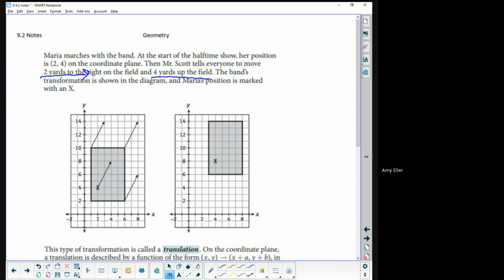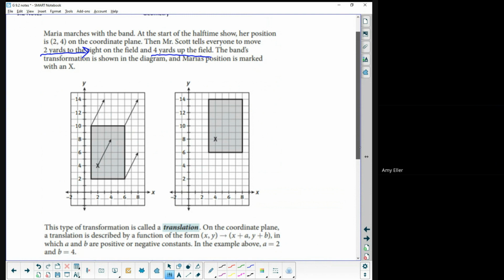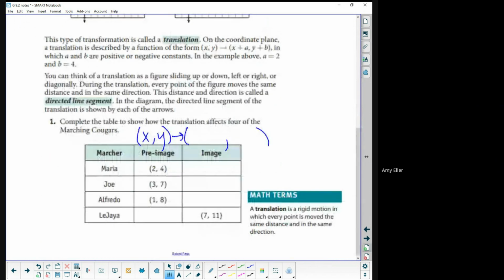So that's the y direction going up 4. So I'm going to write (x + 2, y + 4). Based on the directions, it says I'm moving to the right 2 and up 4. That's how I got x + 2, y + 4.